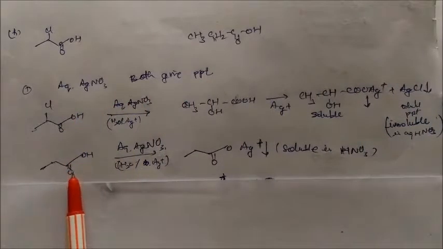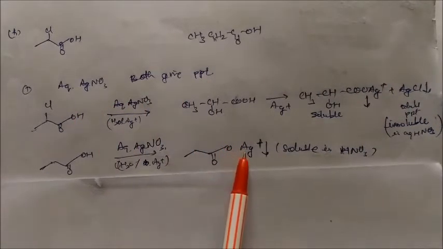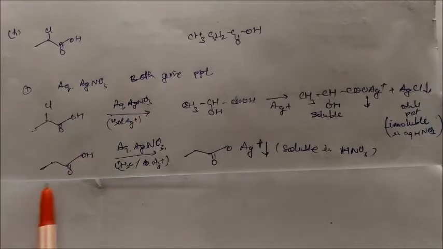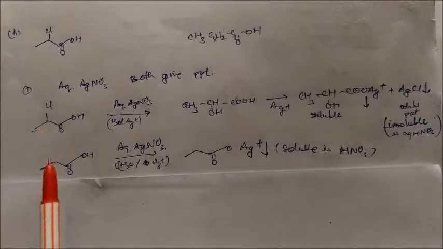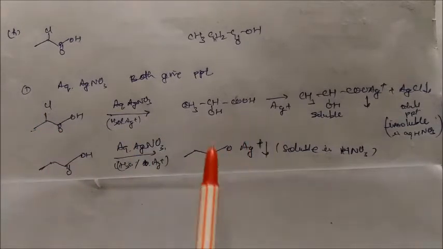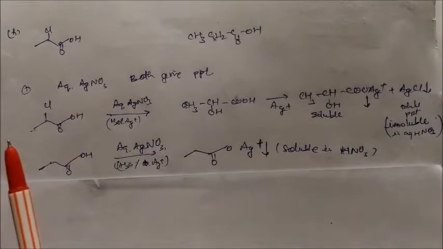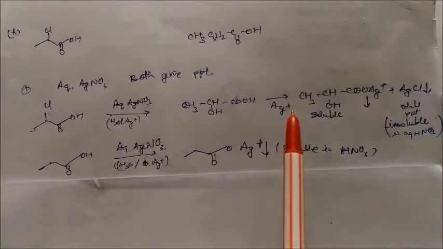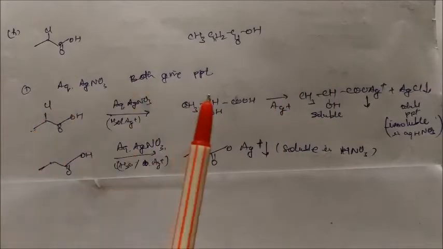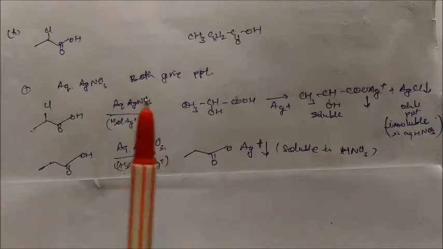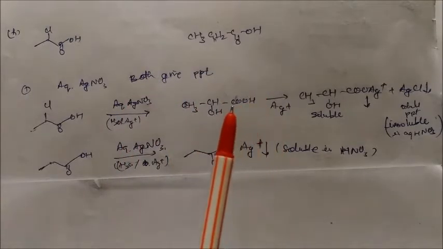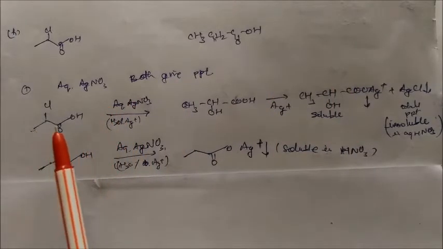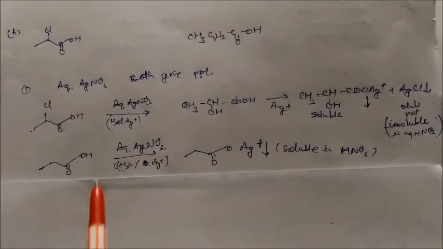If you take propanoic acid, it will also convert into a silver salt precipitate, because H is replaced by silver, and since it has no Cl, it will be fully soluble in nitric acid. In the second case, since it has AgCl, which does not dissolve in nitric acid, it will remain as a precipitate. This is the way of identification between 2-chloropropanoic acid and propanoic acid.